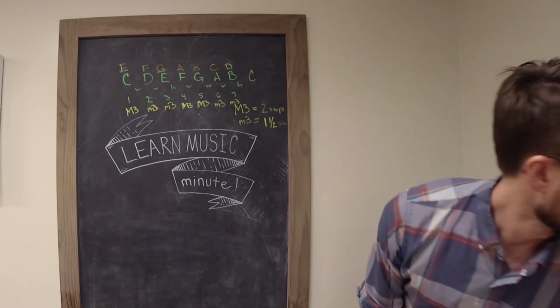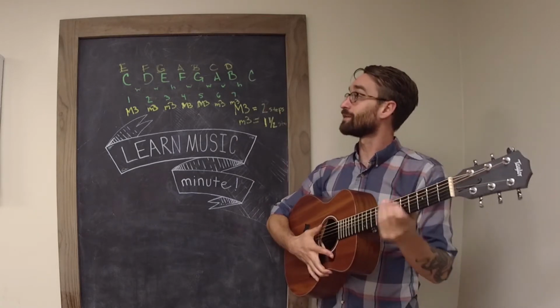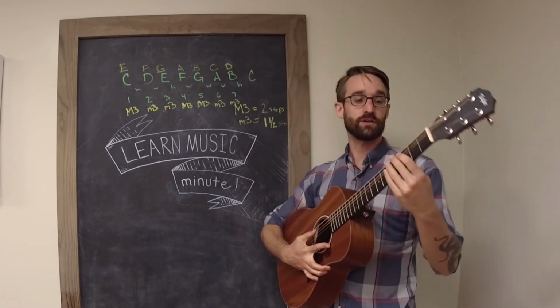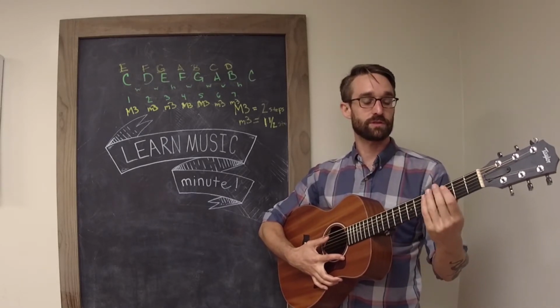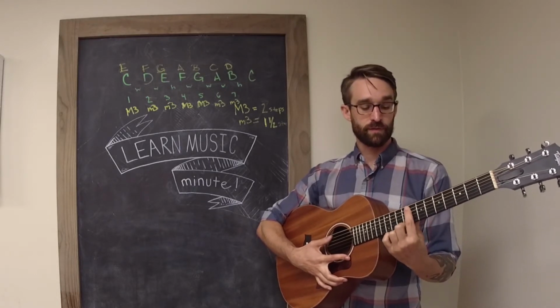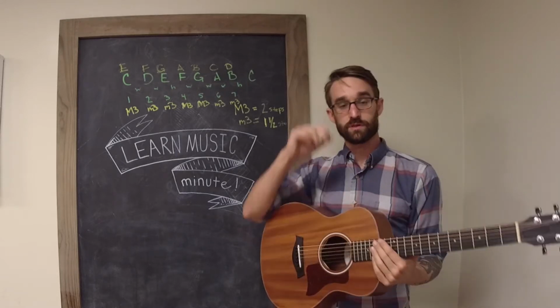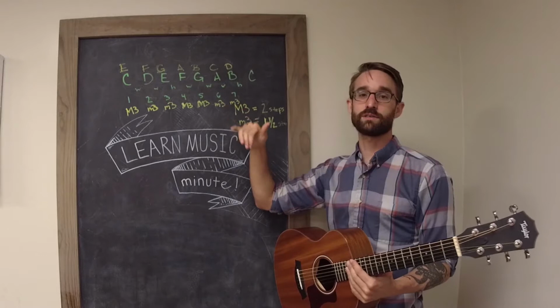All right. So this is what your C major scale would sound like if you were just playing the single notes, written in green. Let's start over. C, D, E, F, G, A, B, C. So we'll take those same notes and we'll play the thirds harmonized on top of them.